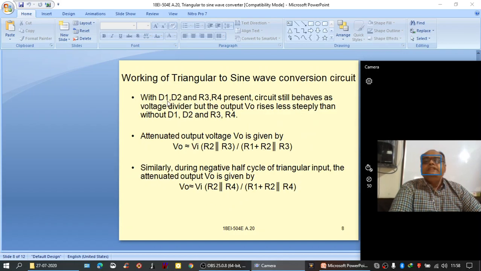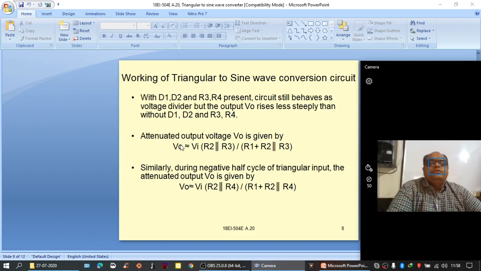With D1, D2 and R3, R4 present, the circuit still behaves as a voltage divider, but the output V0 rises less steeply than without diodes D1, D2 and resistors R3, R4. Now, how would we get the output voltage with the diode and resistor?